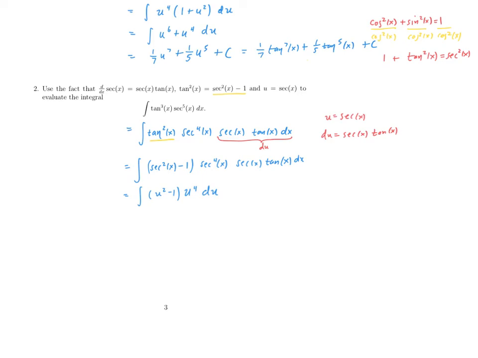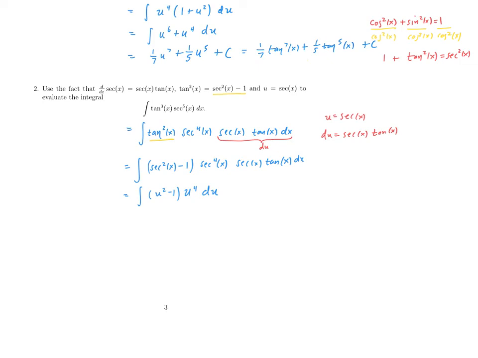And just to emphasize what we've done here, because this power of tangent is odd, we can pull off one of the tangents and one of the secants as well. The key thing is the odd tangent allows us to pull off one of the tangents to form our du, and then the remaining even power of tangents can be rewritten with the Pythagorean identity.